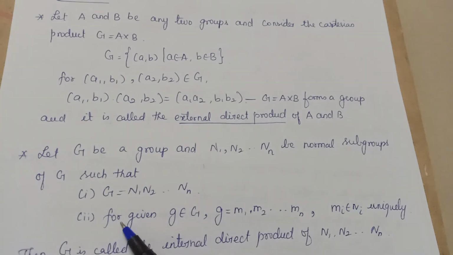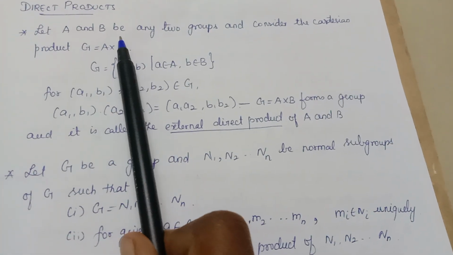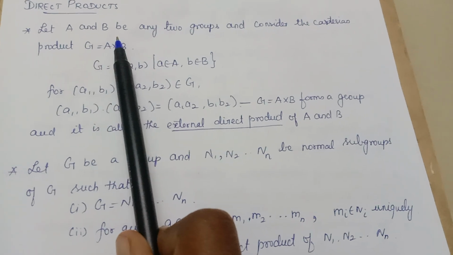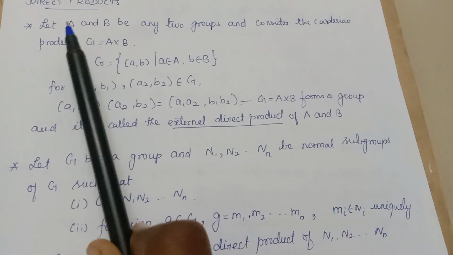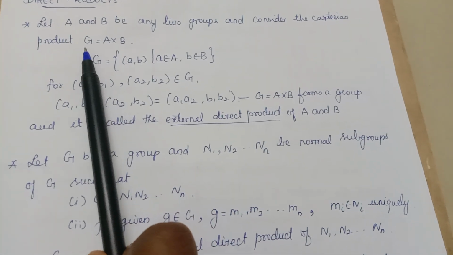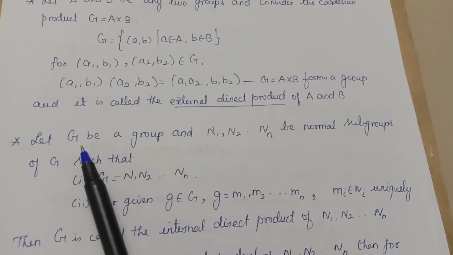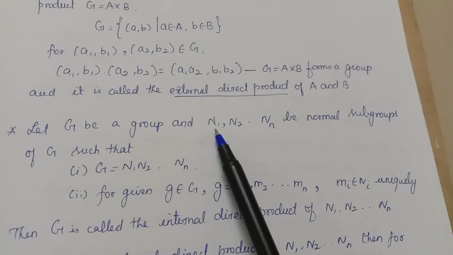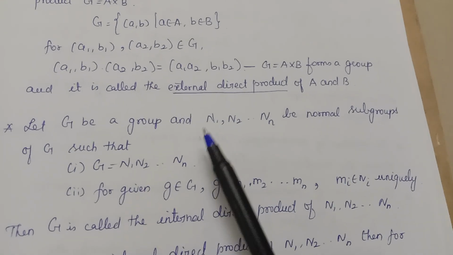The difference between these two is, here we are starting with two different groups A and B. From the groups A and B, we arrive at a new group. From external groups A and B, I am arriving at a new group G. And here I have a group, and from that group I am considering its normal subgroups, so I am not going outside the group.